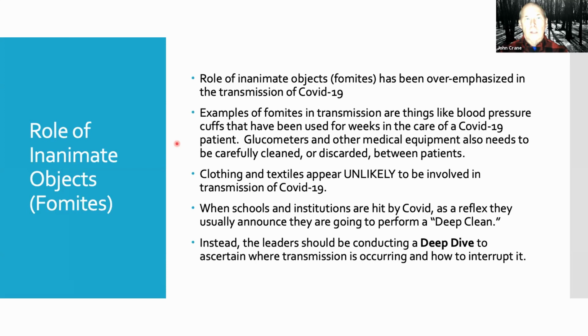Now, these are places that we do need to be worried about, where fomites have been or might have been involved in transmission: things like blood pressure cuffs that have been used for weeks in the care of a COVID-19 patient, for example, someone in the ICU, glucometers used for rapid blood sugar testing, and other medical equipment. That obviously is somewhat dangerous and needs to be carefully cleaned if it can be done, or discarded between patients.